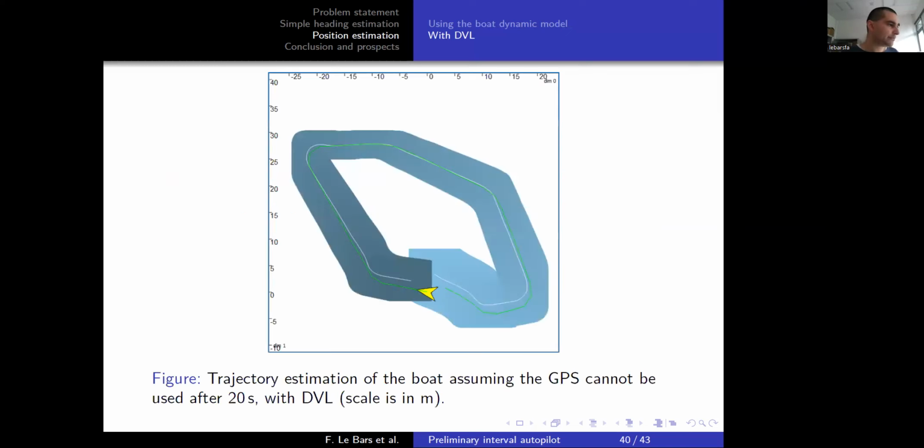And if we make another experiment with the real robot and assume that in the beginning we have the GPS, but after some time we lose the GPS, using the model I just described in the previous slide, we can still compute an estimation of the robot position using an interval algorithm.